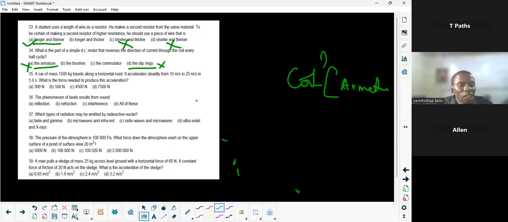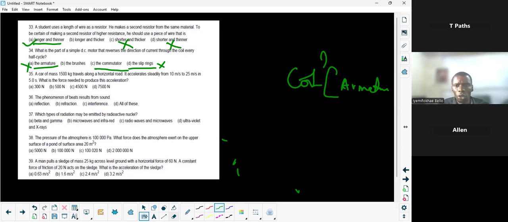It just keeps the armature close, tight to the magnet, to the metal material where the armature is inserted. The correct answer here is the commutator, because it is the commutator part that reverses the direction of the current through the coil. So the correct answer is C.